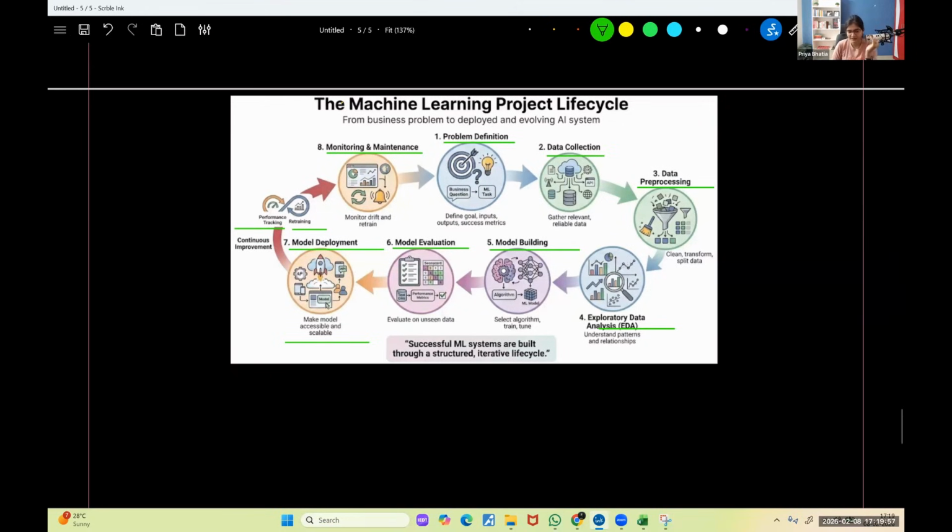So we will have to make sure that at every point of time, the model is able to give us better accuracy. In order to make sure that with respect to every test data it is giving us a good result, we will have to monitor the performance. We will have to maintain the overall pipeline of the code. And that's what we have in the eighth step, monitoring and maintenance. Is this okay?